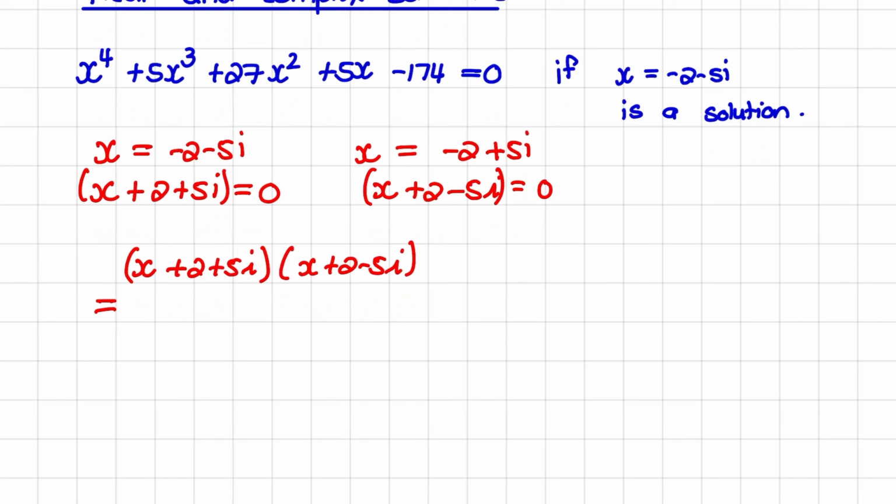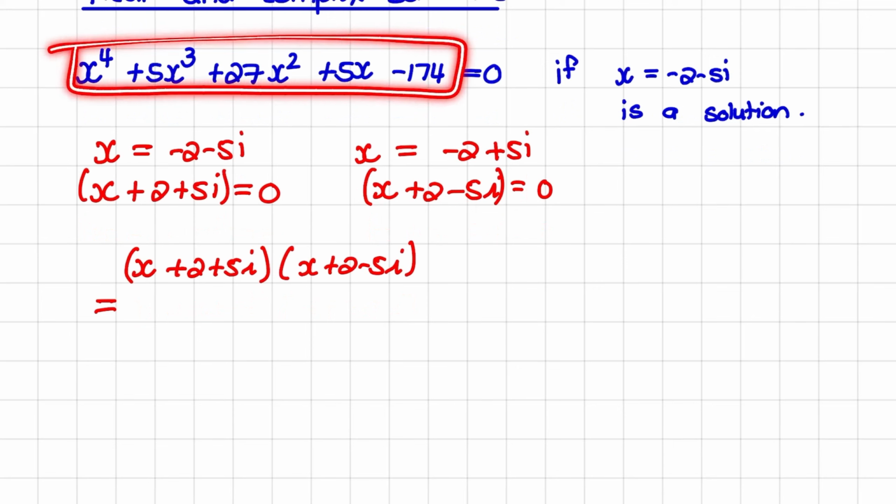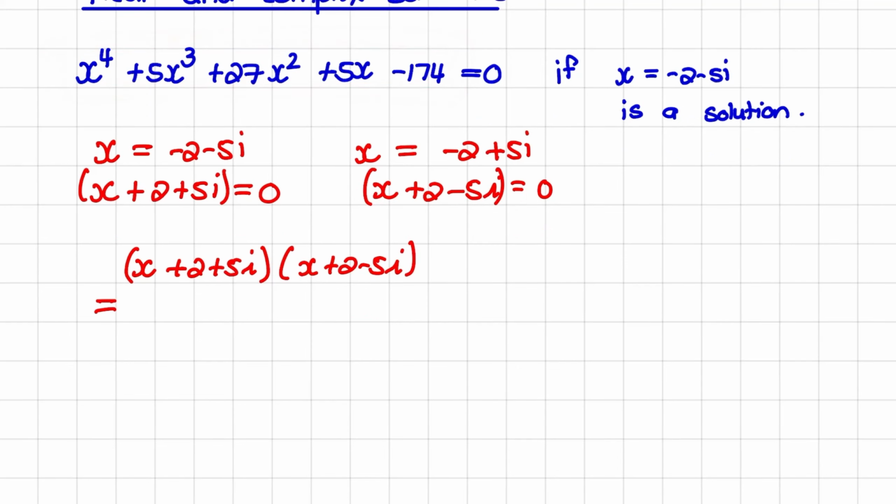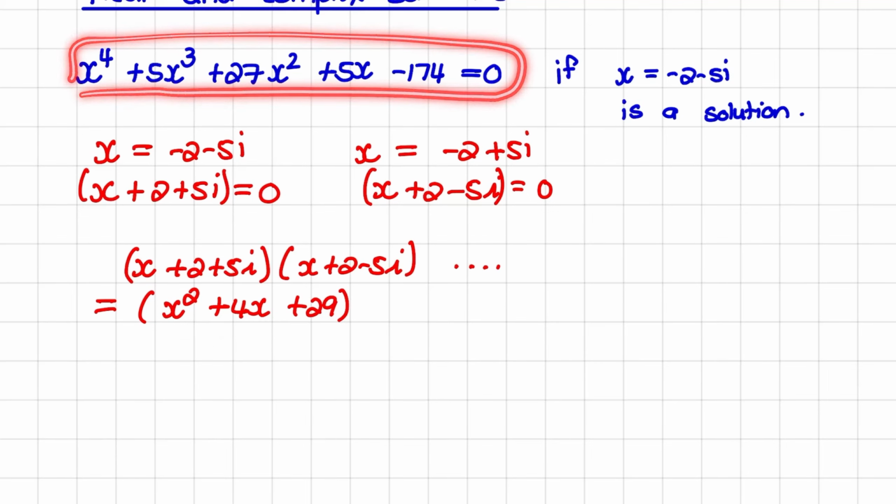What this will result in is a trinomial that's a factor of our original equation. And in previous videos, I showed you how to multiply out. So when you follow that procedure, you find that this ends up as the trinomial x² + 4x + 29. So x² + 4x + 29 would be a factor of this equation.